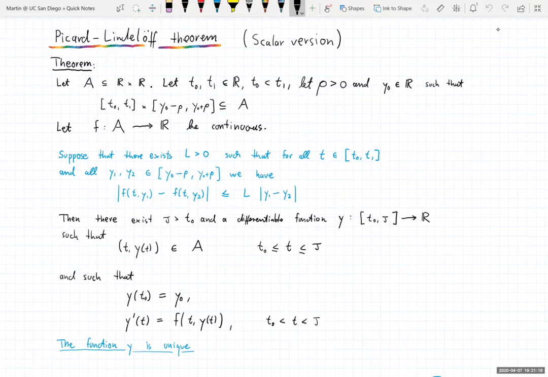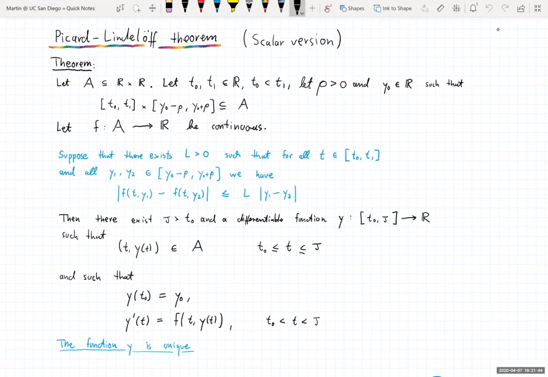And furthermore, the function y satisfies the initial condition, y of t0 is equal to y0, and it satisfies the differential equation. For all t between t0 and tau, you've got that y prime of t is equal to f of t and y of t.